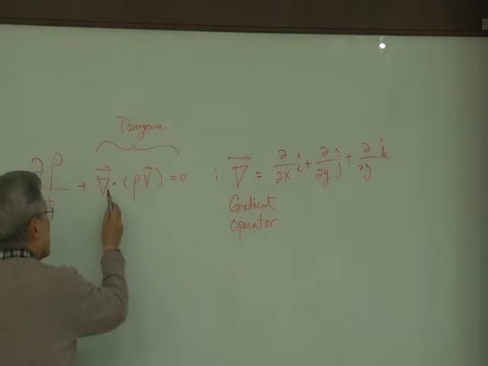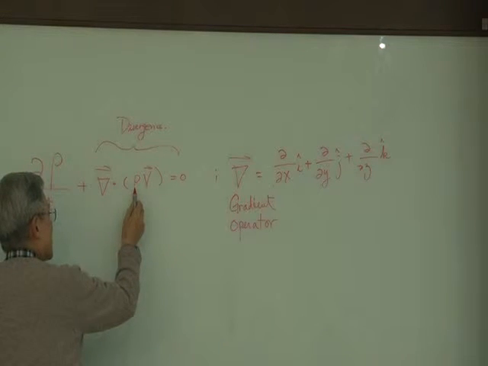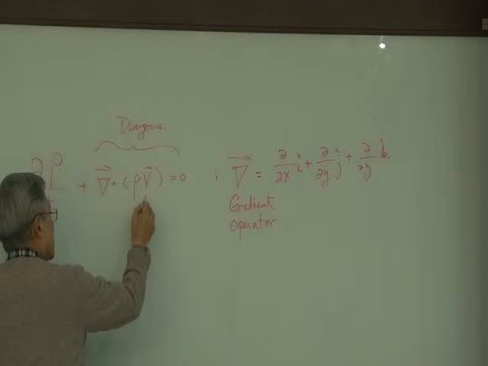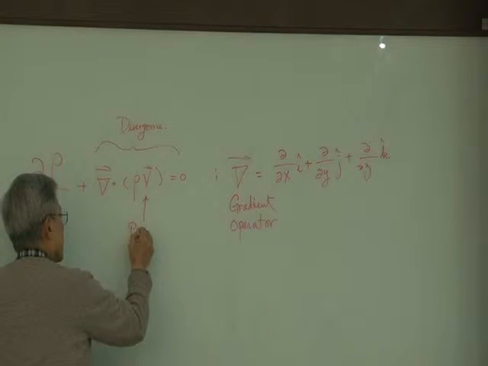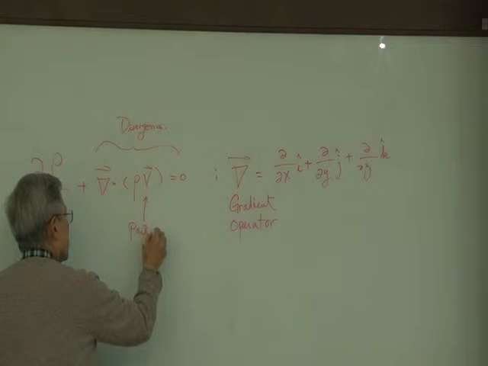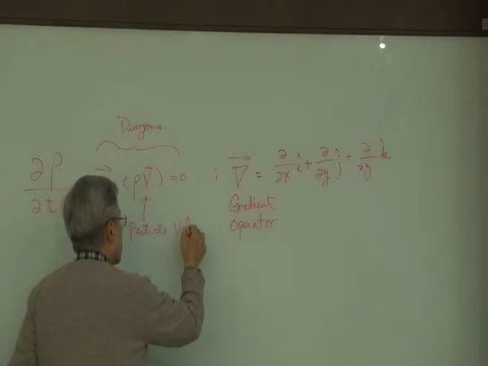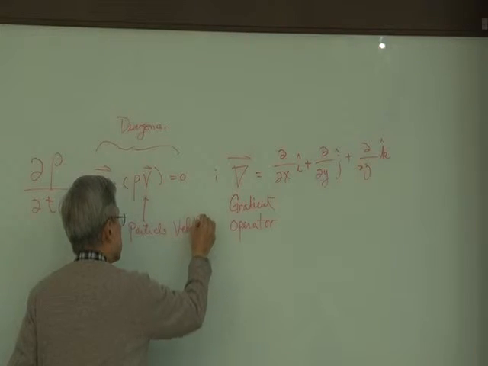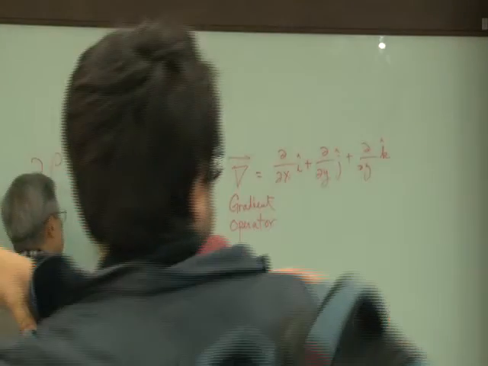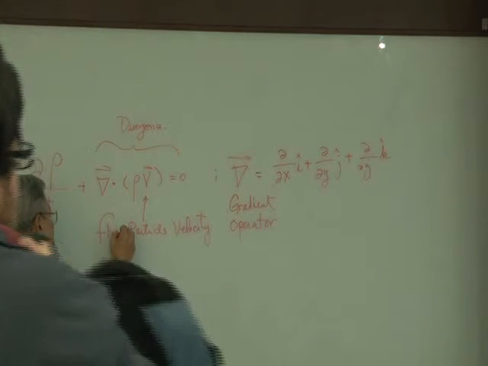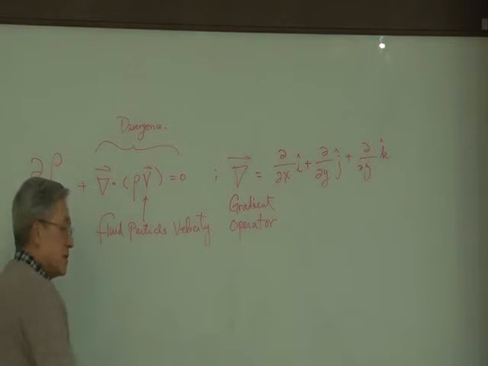And for the scalar product, rho is a scalar, v is a vector. What's v here? This is the fluid particle velocity.